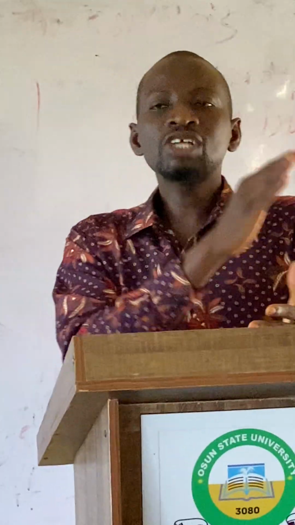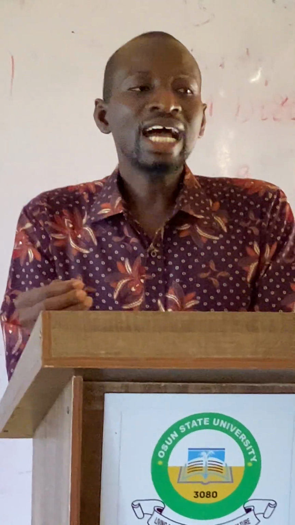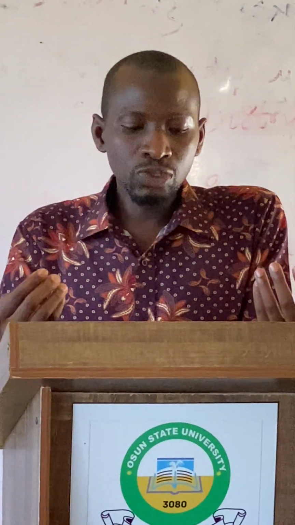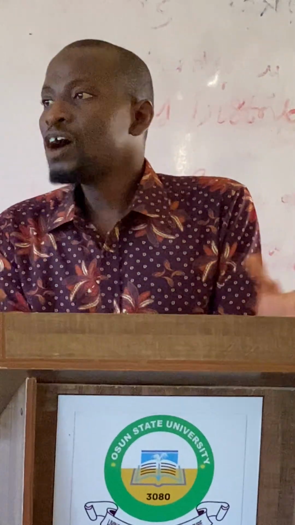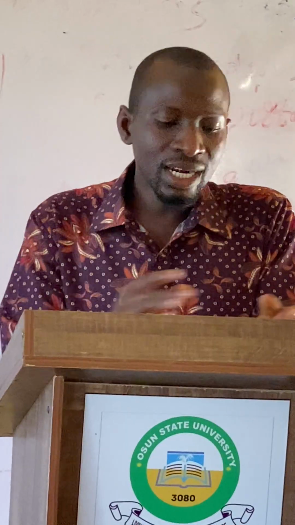So let me just recap. In the literature review process, the first thing is to do what? Define the topic. After you have defined the topic, you identify the variables in the topic, you then develop a what? A search strategy. After which you will do what? You will locate information by looking at either primary source, secondary source, or tertiary source.